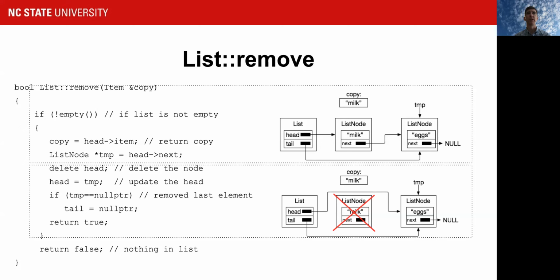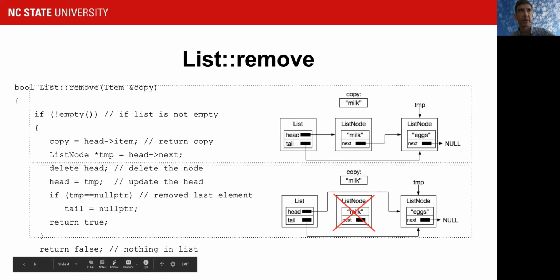So the outer check we do here in this function is just to see if the list is empty. And if it's empty, we're going to skip this whole if block and just immediately return false, saying there's nothing in the list, there was nothing to remove. So don't look at the copy variable because there's nothing in it that you should care about. Okay, but if the list is not empty, then we need to take some action.